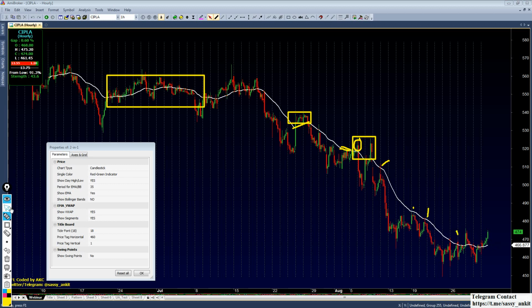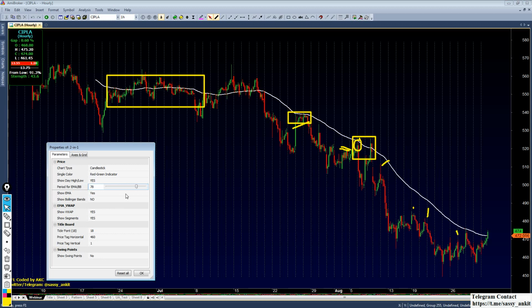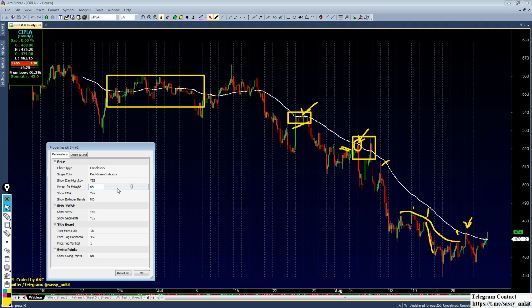Okay, and if I go on increasing, this is also acting beautifully as resistance, but you will miss such moves where you could have made a good amount of trade for intraday. So it depends whether you are looking at long term, short term, or mid term.